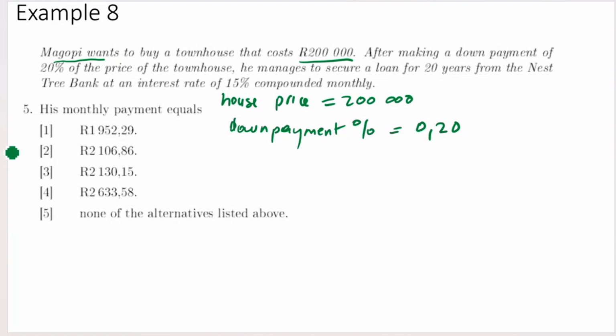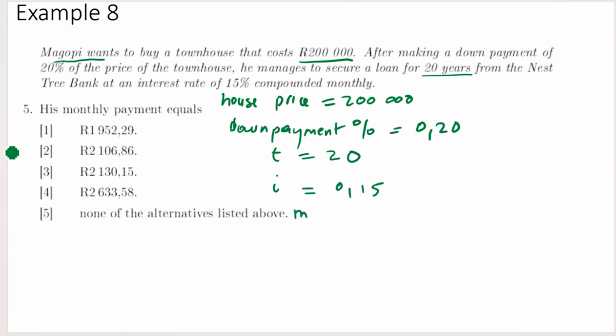He goes to the bank and secures a loan for 20 years, so the time is equal to 20 years, at the bank interest rate. The interest rate is equal to 15%, which is 0.15.